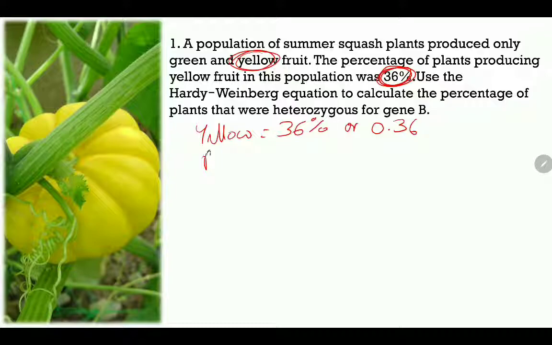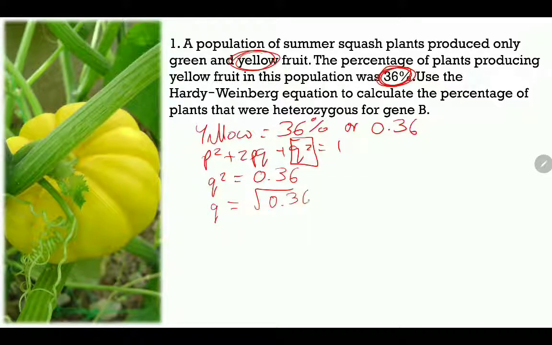So we need to think about our equations. p squared plus 2pq plus q squared equals 1. So that means that we're looking at our q squared here. So q squared is equal to 0.36. That must mean that q is equal to the square root of 0.36.